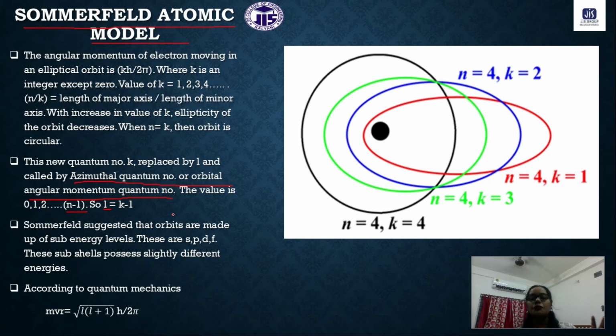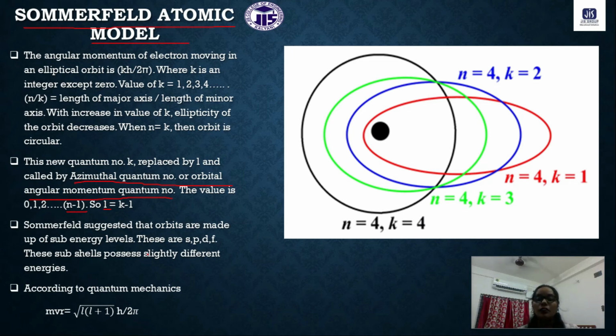First we know the principal quantum number n equals 1, 2, 3, 4. Now if we follow the Sommerfeld atomic model, that means the electrons follow an elliptical path, so the energy levels will have sub energy levels. If n equals 1, the value of l will be 0.